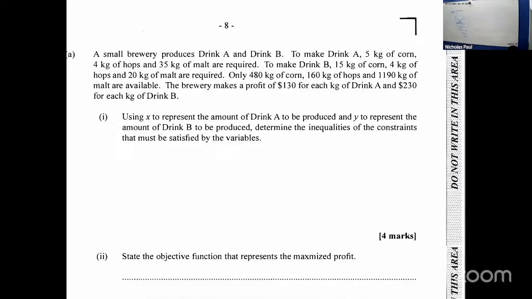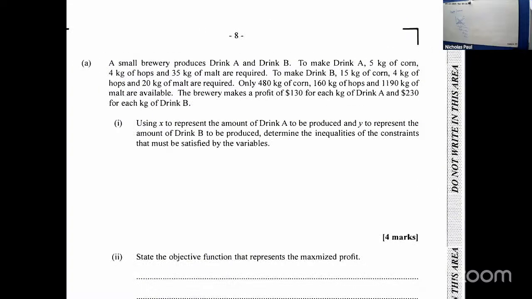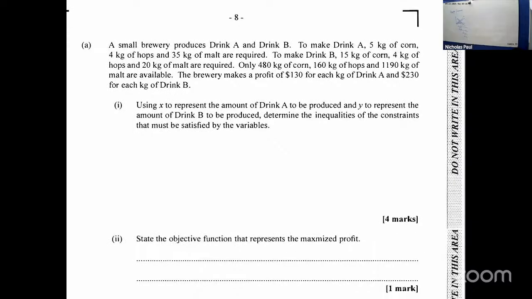All right, so let's see. A small brewery produces drink A and drink B. To make drink A, you need 5 kilograms of corn, 4 kilograms of hops, 35 kilograms of malt.